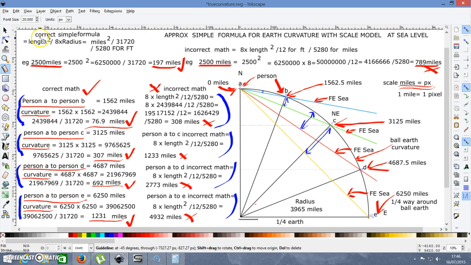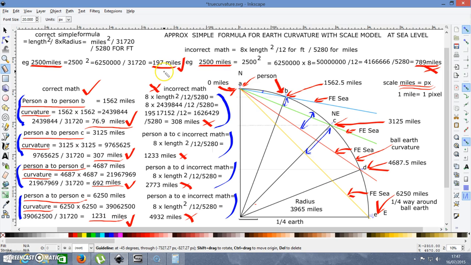Whereas the correct simple formula equals the length squared divided by 8 times the radius. And that will give you the answer in miles. You divide by 5,284 feet. So for example, the same distance, 2,500 miles, would give you 197 miles, which is quite a bit different: a 789 mile hump to a 197 mile hump.